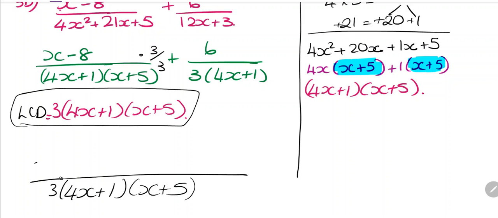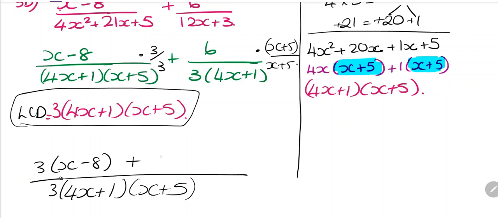So 3 times x minus 8. And then over here we've got 3 and 4x plus 1, so we need an x plus 5. So we're going to multiply this top and bottom by x plus 5.